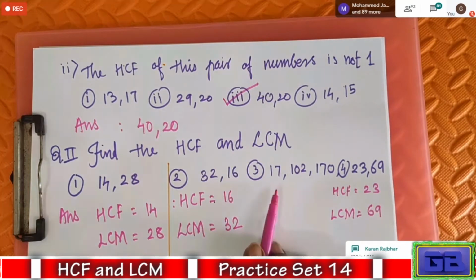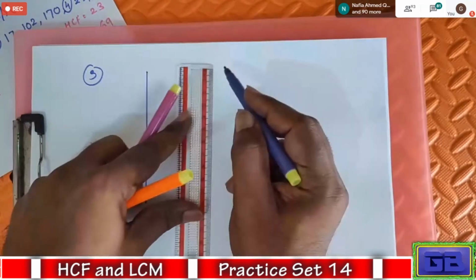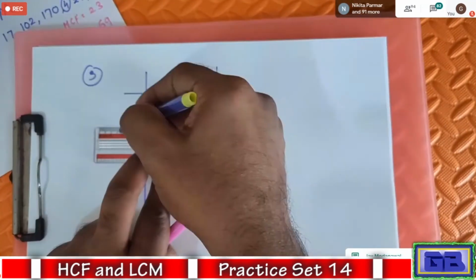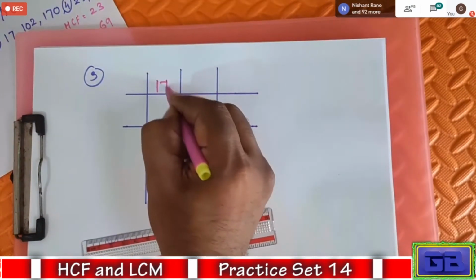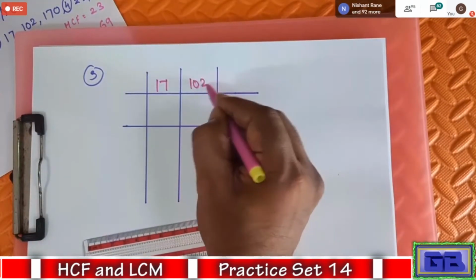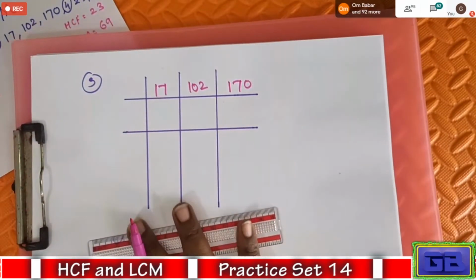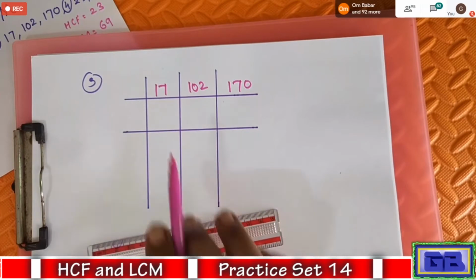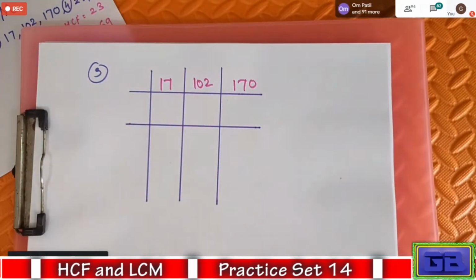And now we will solve this third sum: 17, 102, 170. All three numbers are divisible by 17.